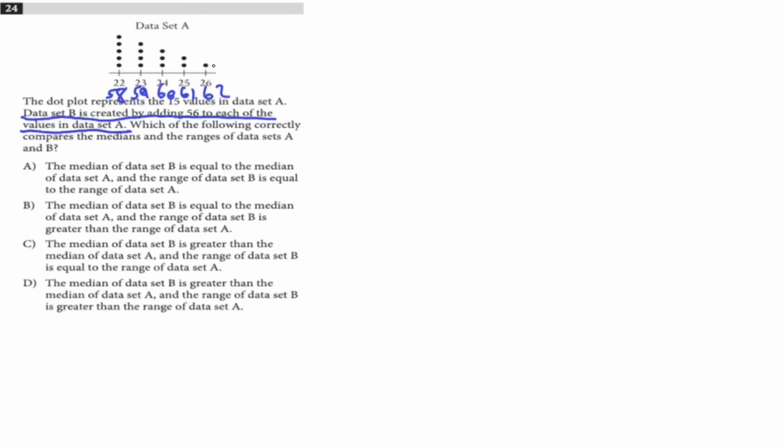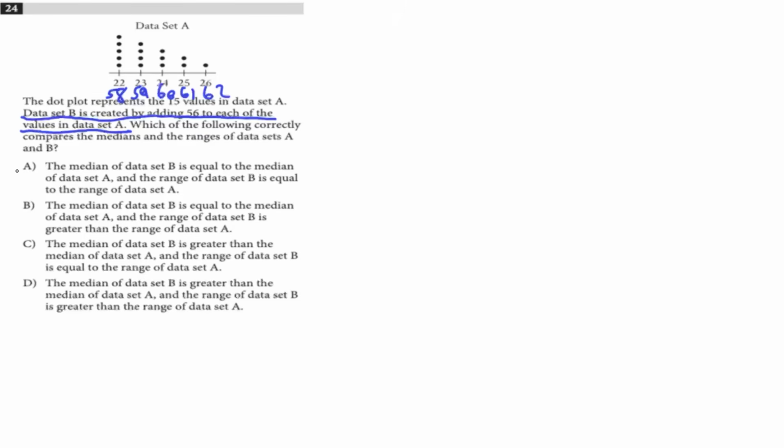And then we're asked to compare the median and range. Obviously, if we make all the values 56 greater, the median is going to be greater in data set B.